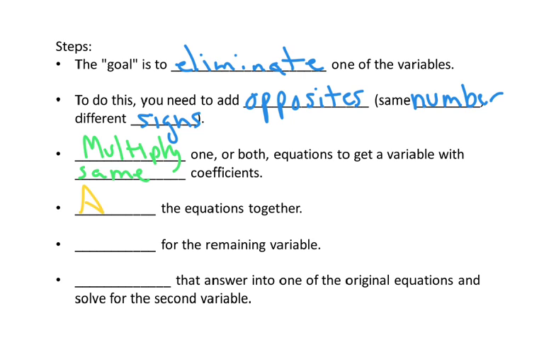Then we're going to add the equations together, and we're going to solve for the remaining variable. And lastly, we will substitute that answer into one of the original equations and solve for the second variable.